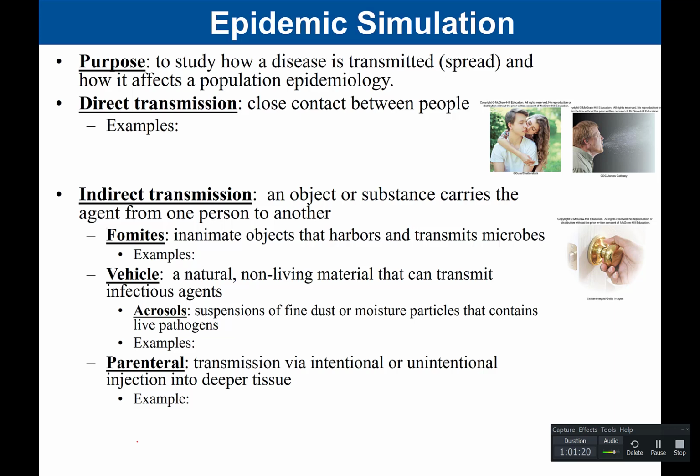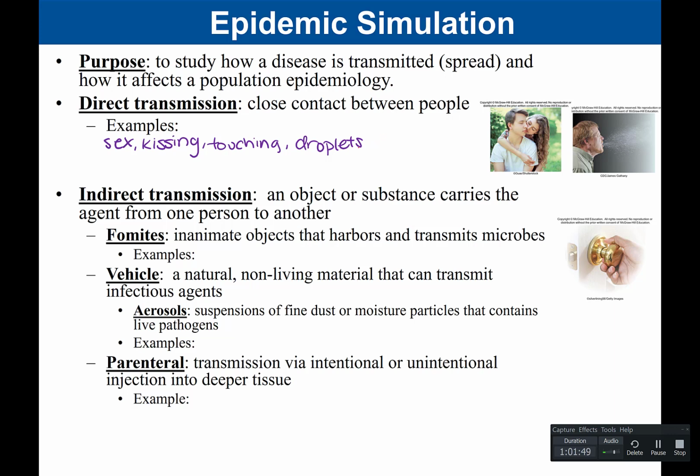So direct transmission examples would be things like sex, kissing. Mononucleosis is referred to as the kissing disease. It's transmitted by kissing. Touching. Droplets. So droplet direct contact.